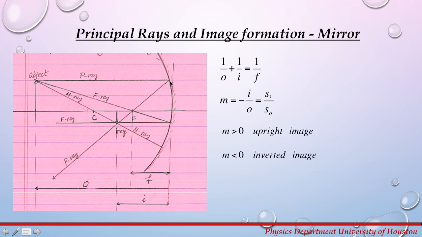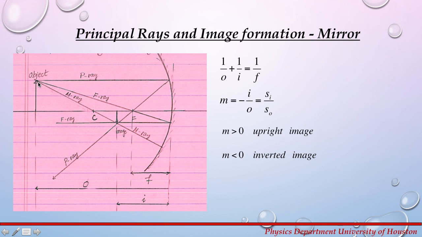Once it strikes the surface of the mirror, it reflects back through the focal point, this way. The F ray goes from the tip of the object through the focal point of the mirror, and once it hits the reflective surface of the mirror, it bends back parallel to the principal axis here.